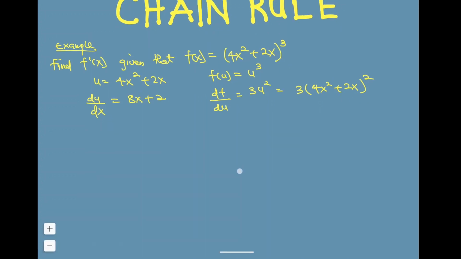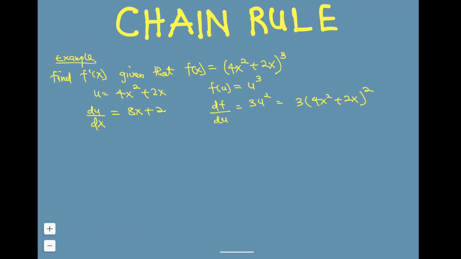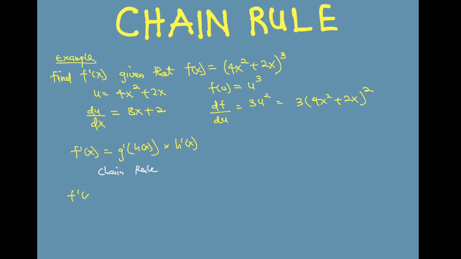Now, the chain rule says that the derivative of f with respect to x equals the derivative of the outside times the derivative of the inside. In this case, the derivative of the outside becomes 3 multiplying 4x squared plus 2x all to the second.